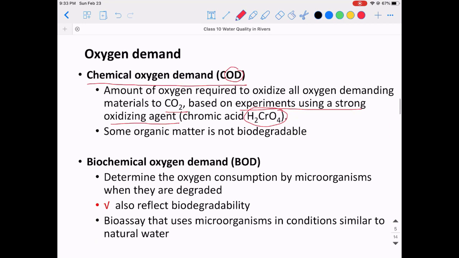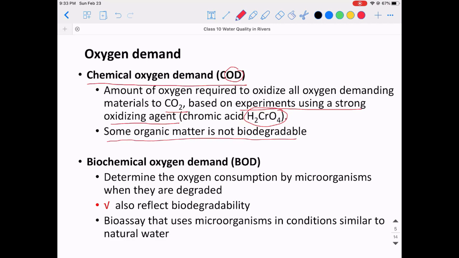So this means that the oxygen demand that we determine from this complete chemical reaction is going to overestimate the oxygen demand in the water, simply because some of the organic matter is not biodegradable, so it's less likely to harm the environment or directly harm different levels of life. And because of that, we have to think of a more realistic way to quantify the oxygen demand.